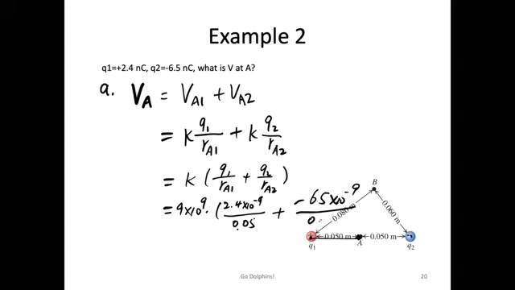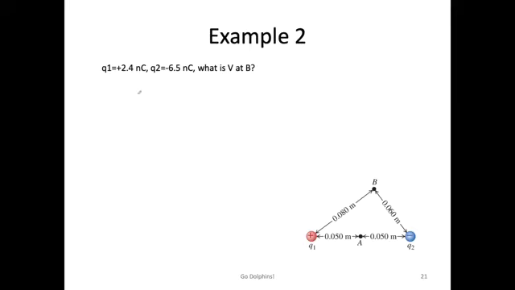Distance from A to Q2, 0.05 volt. So pay attention, I need to keep this negative sign when you calculate electric potential. And I put all the numbers into my calculator. I find it's negative 737 volts.